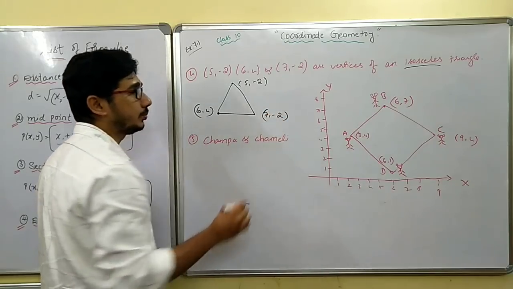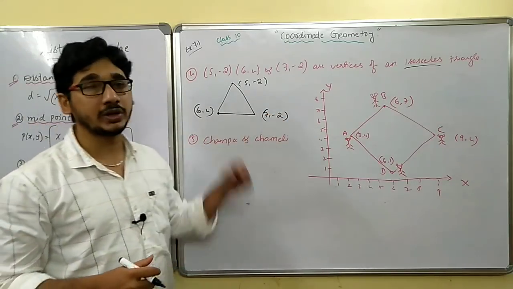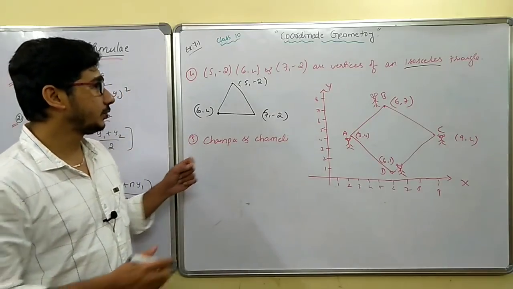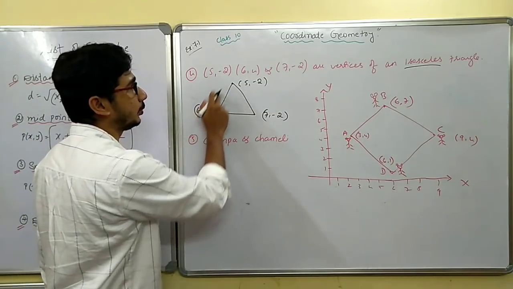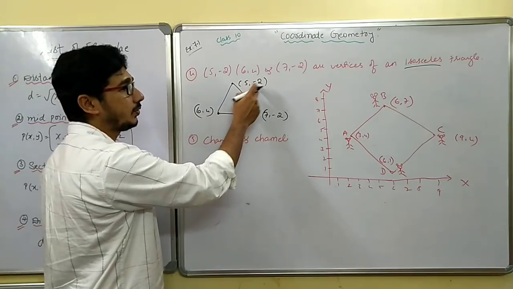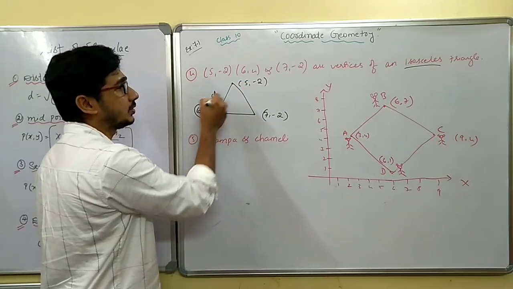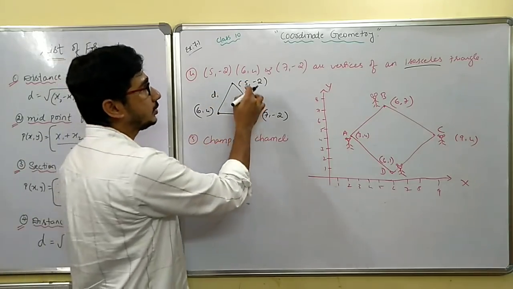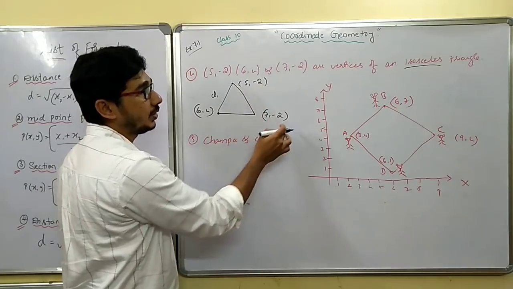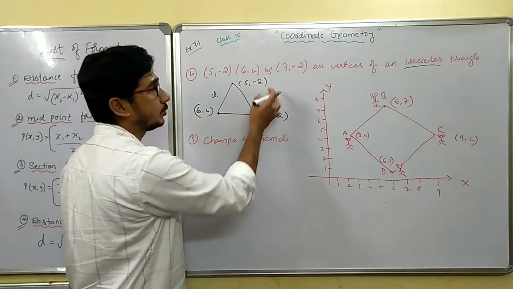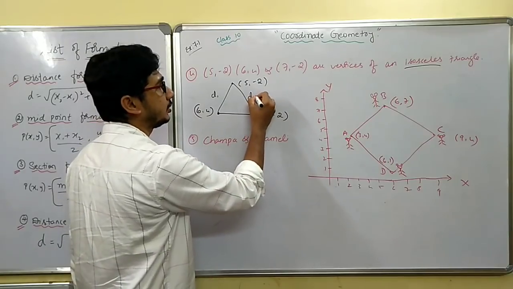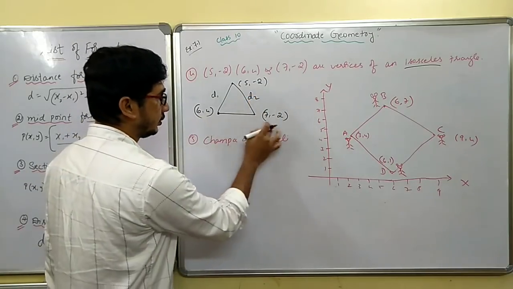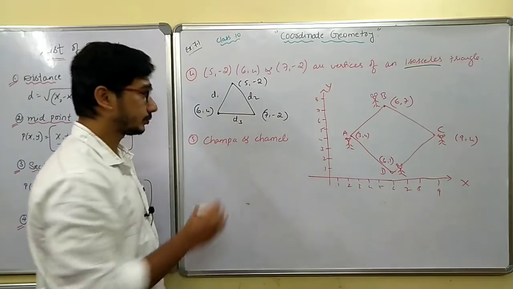Now what you have to do, because I'm not doing it right now, is first find the distance between these 2 points. Consider it as x1, y1, x2, y2. Find the distance. Now find this one, distance 2. Now find this distance, distance 3.